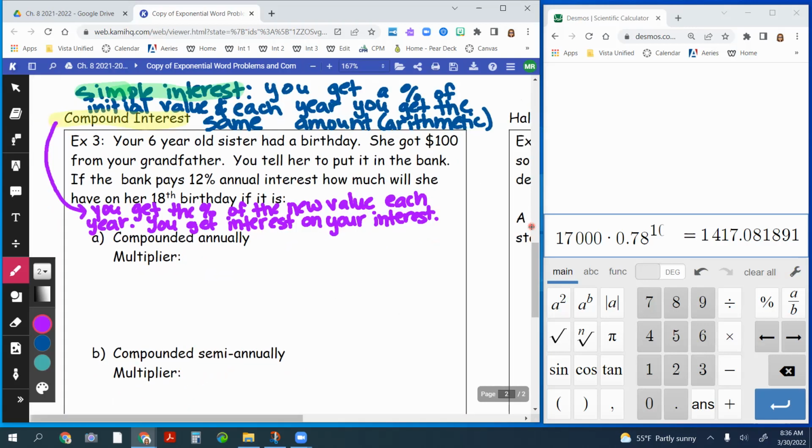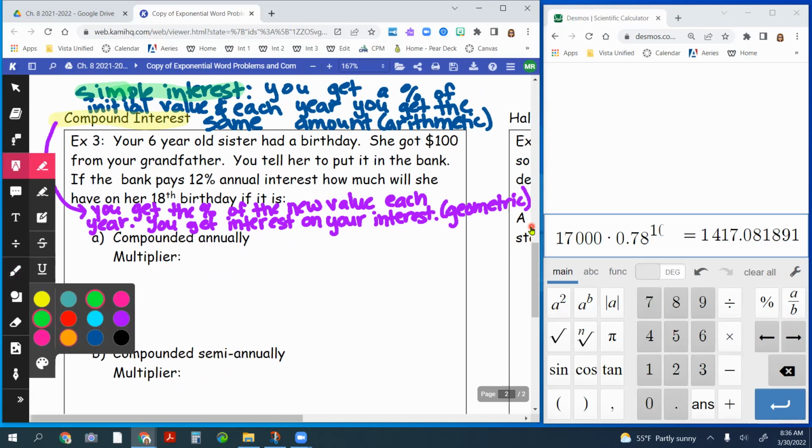And this one is geometric. So that means we're timesing. So in this situation, let me just highlight some of the important information. You have a 6-year-old sister. She started with $100 from your grandfather.